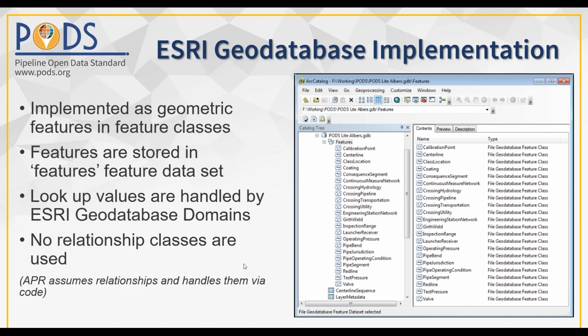So because APR is in Pod 7 and at work in Pod 7, APR is actually assuming the relationships and is handling them kind of in the background for you.